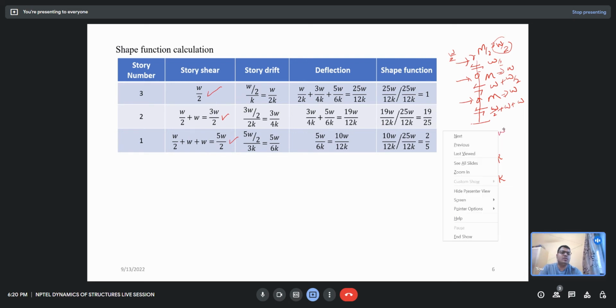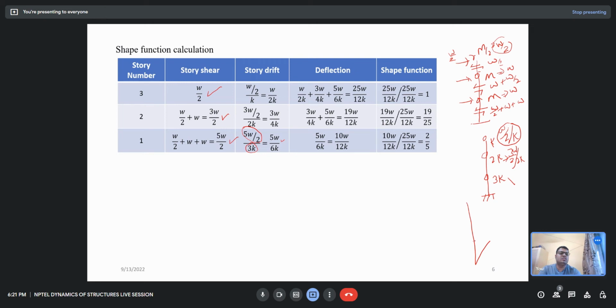That will be w by 2 divided by the K. For this, what is my shear? 3w by 2 divided by 2K. And for the first one, 5w by 2 is my shear, and the story drift is divided by 3K. So that will be 5w by 6K. So this is the story drift, like the deflection of each story is given, like this deflection, and this deflection, like this way you can consider.